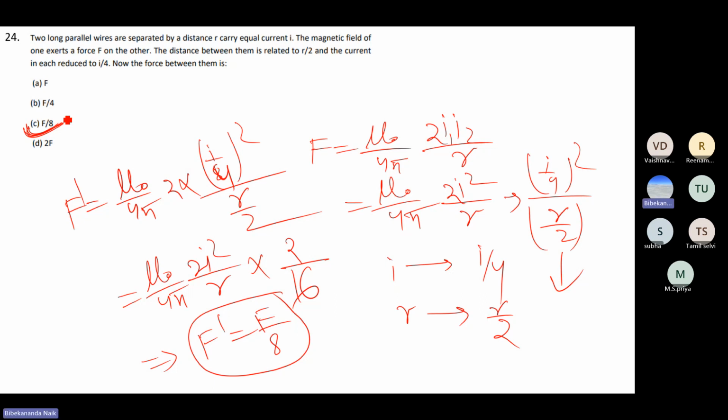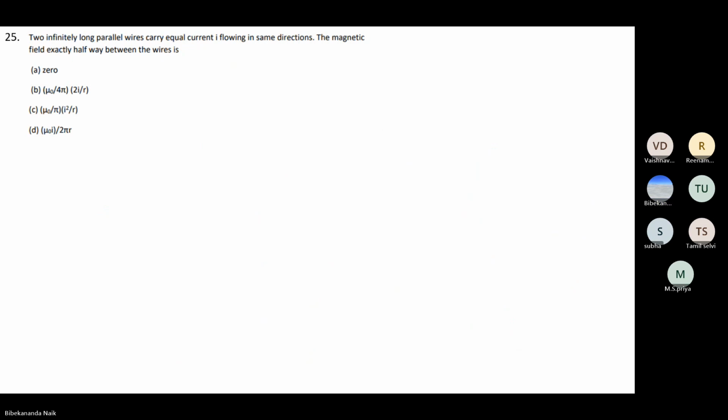Since the force is directly proportional to the current and inversely proportional to the distance between the two wires, as a result of the change in current and the distance, the force acting between them will change by 1 by 8 times that of the initial situation.